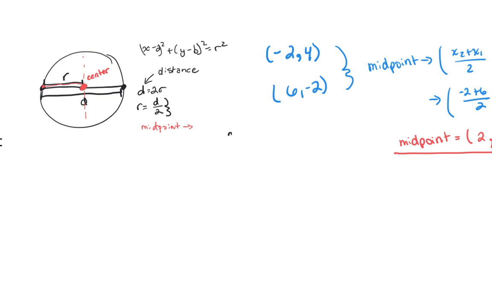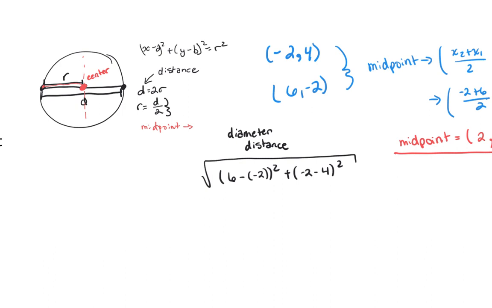So if we find the diameter distance, that is the square root of our difference in x's squared plus our difference in y's squared. So our x's are 6 minus -2 squared plus -2 minus 4 squared, which means our diameter is 10 units, essentially, right?